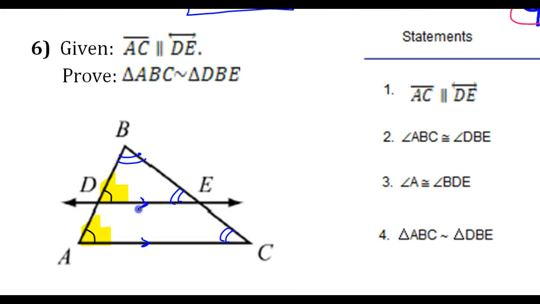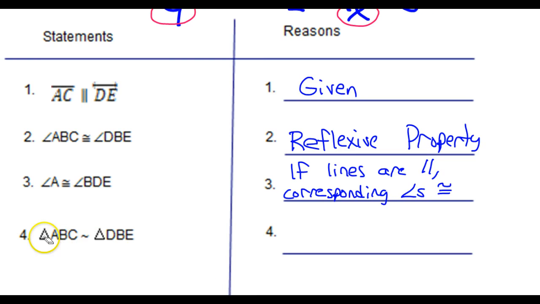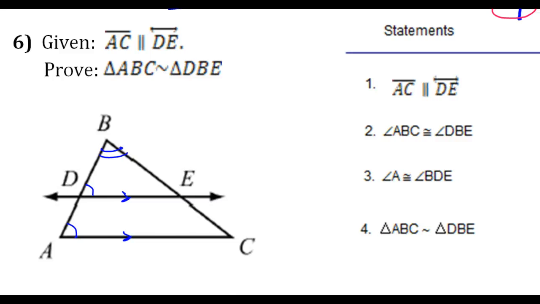Okay, so that's what they went with. They went with the reflexive one and one of the pairs of corresponding angles. So they went with these. And that's enough, because now we can say that the two triangles are similar by the angle-angle similarity theorem. And that is how you prove that two triangles are similar.